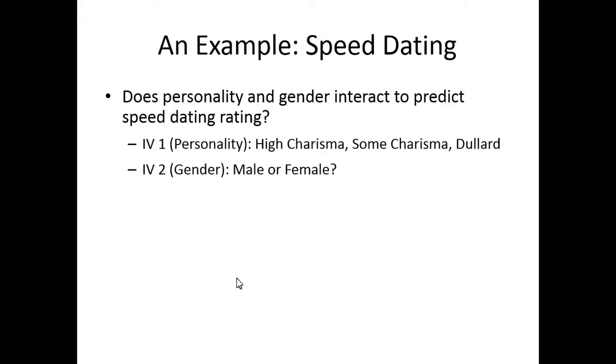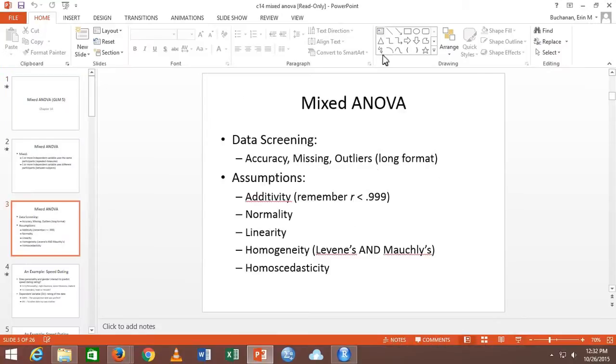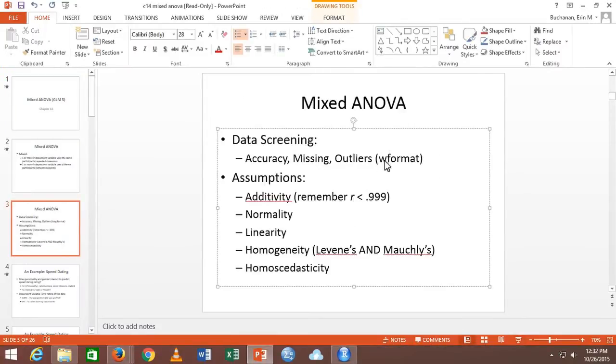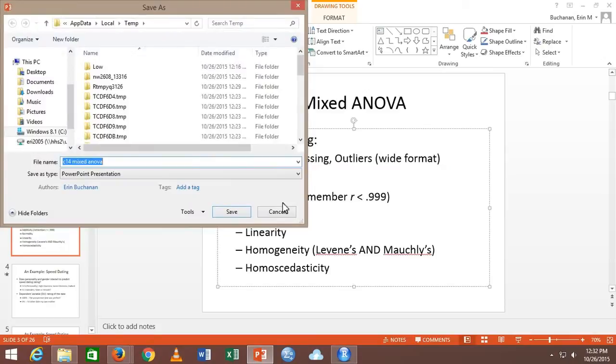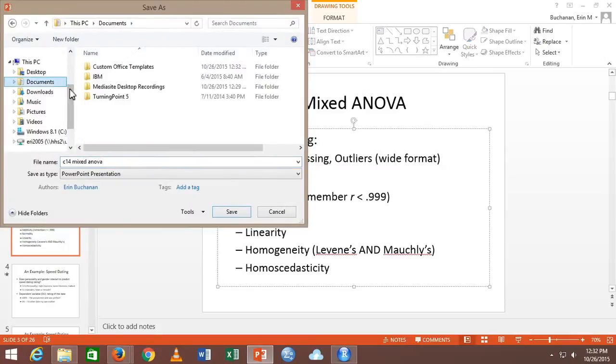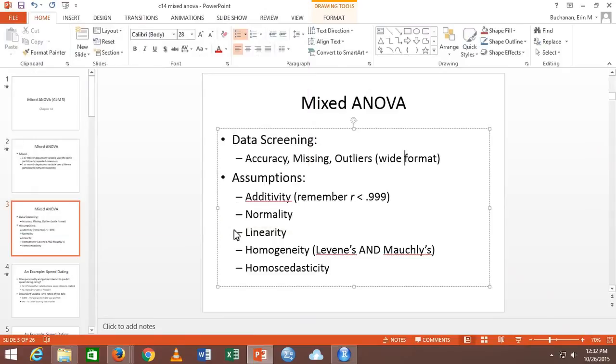Okay. Yeah? Didn't we before do data screening in wide format? So I guess with mixed data. Oh, crap. That's totally a typo. Yes, thank you. Yes, you should. I'm a scatterbrain.